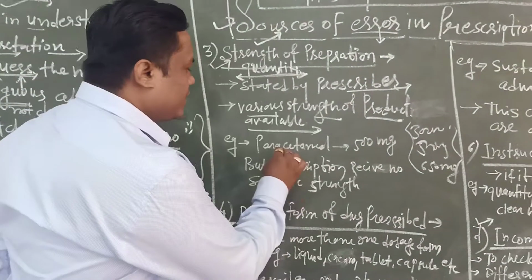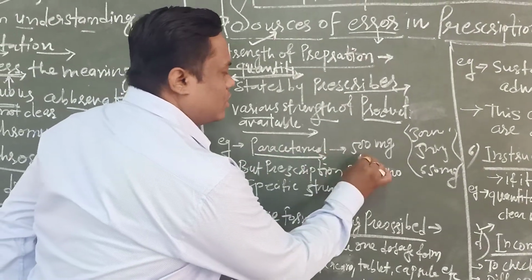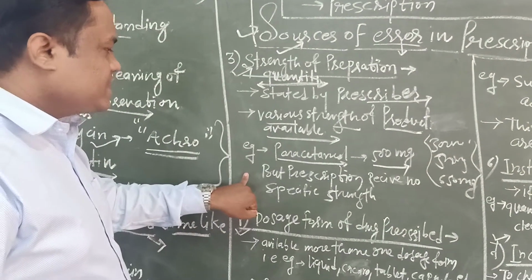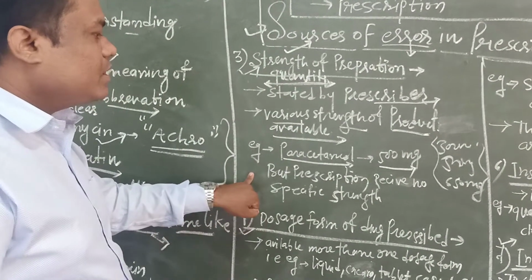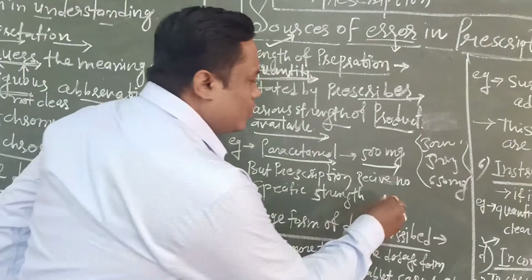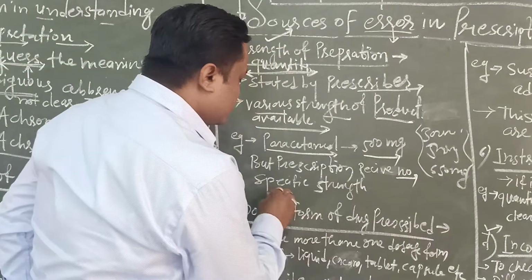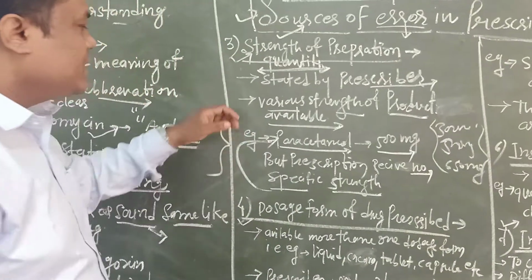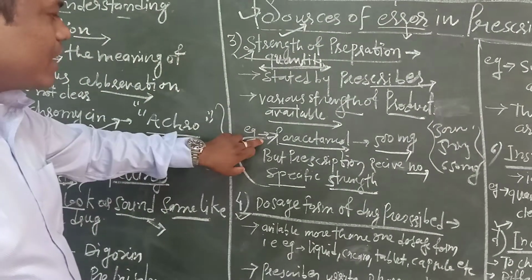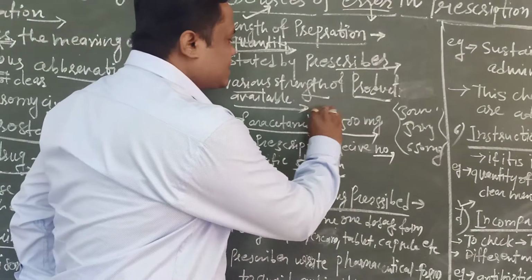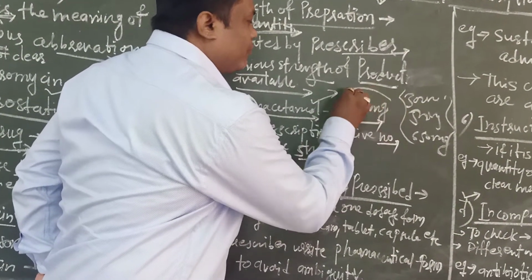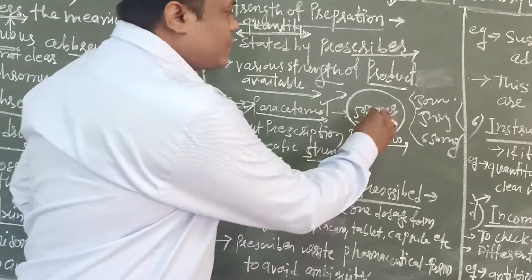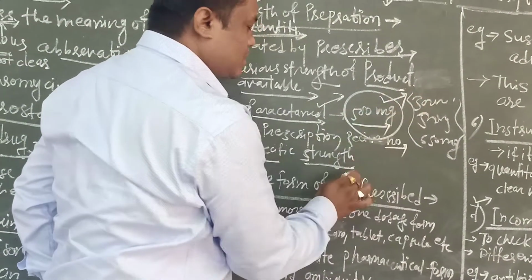We take the example of paracetamol 500 mg. The prescription written by the prescriber does not mention the specific strength of the paracetamol tablet, but the pharmacist dispenses the paracetamol 500 mg tablet, though this 500 mg is not written by the prescriber.